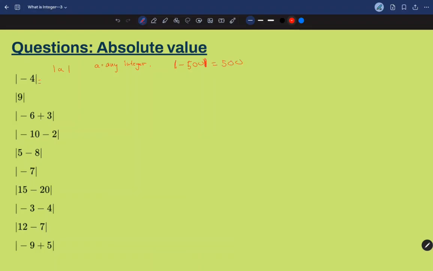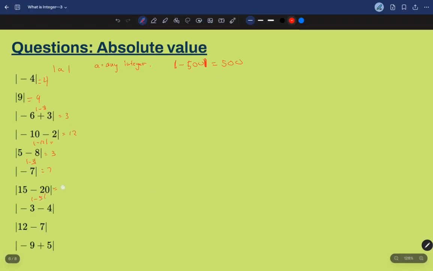So now let's do the questions. The absolute value of negative 4 is 4. The absolute value of 9 is 9. Negative 6 plus 3 is negative 3, so the absolute value is 3. Negative 12, the absolute value is 12. Negative 3, the absolute value is 3. Negative 7 is 7.